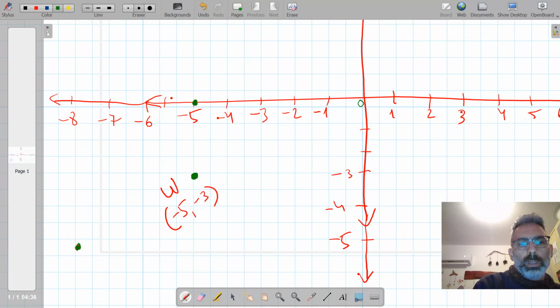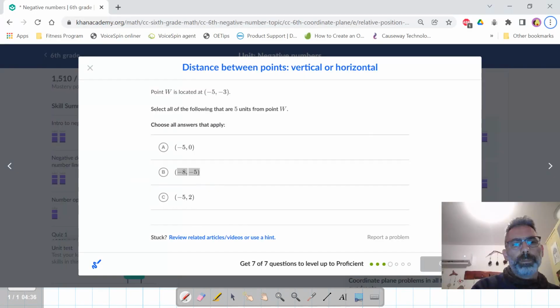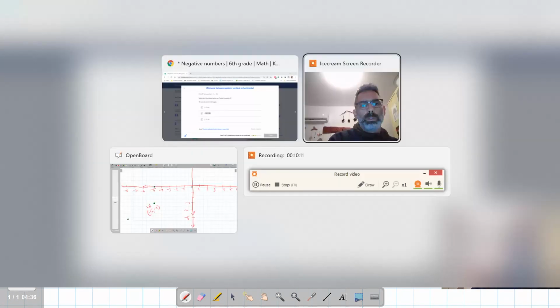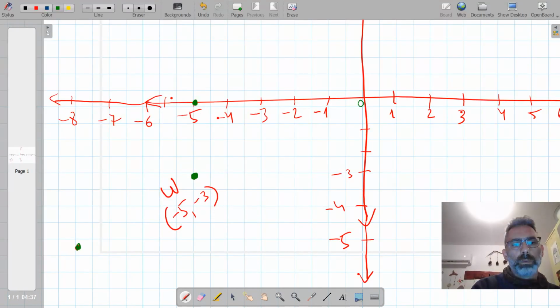So this point on the x-axis is 3 units away to the left, and then the y-axis is 3 units away upwards. So it's not 5 units away, so the second option is not correct.